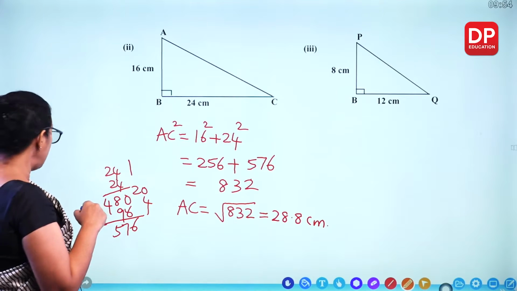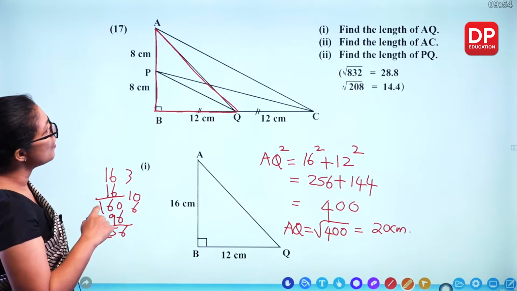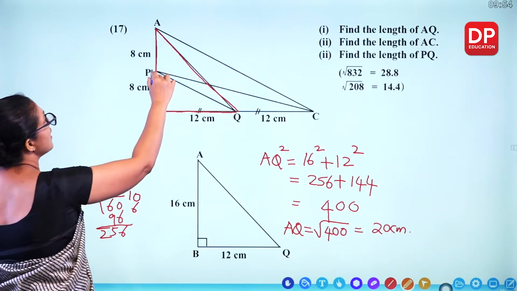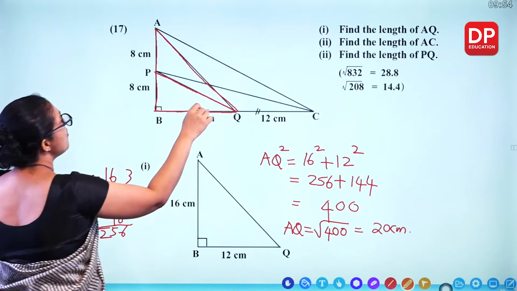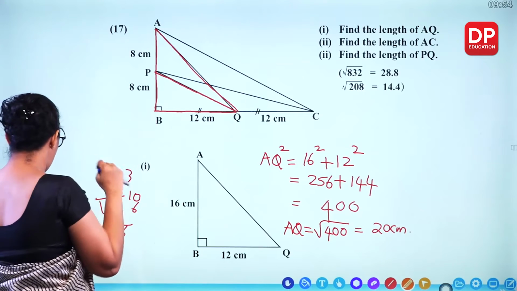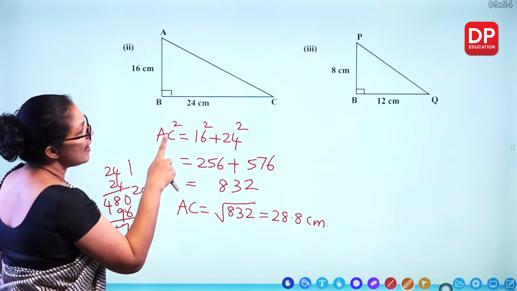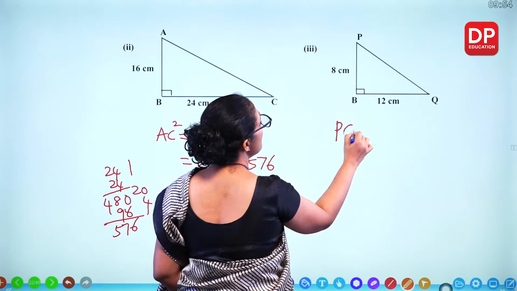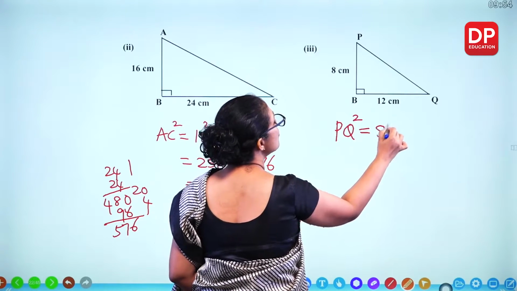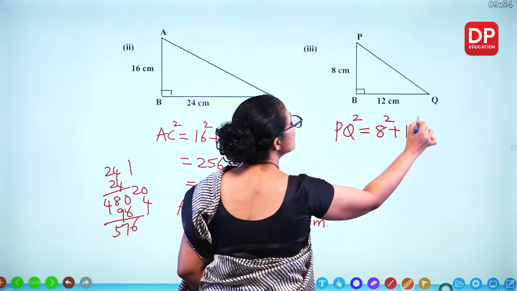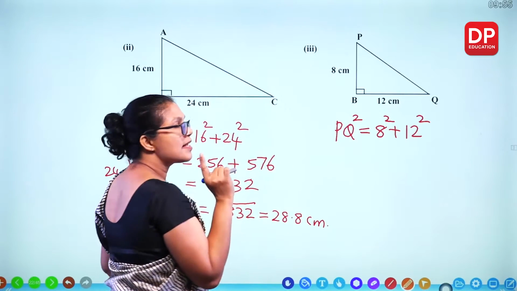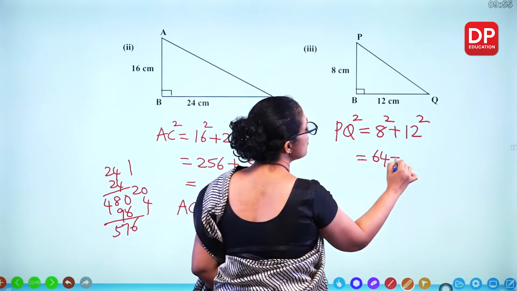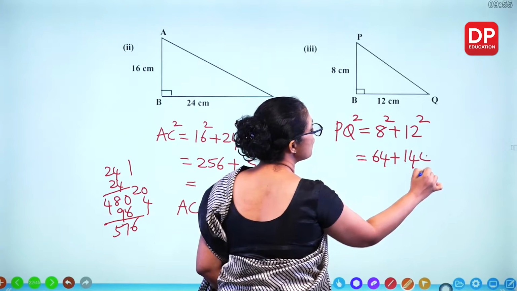Now the next one. Find the length of PQ. So you have to take the PQB triangle. This is 12 and 8. So with 12 and 8, we'll find out the PQ length. PQ squared is equal to 8 squared plus 12 squared, because PQ is the hypotenuse. 8 times 8, 64. 12 times 12, 144.